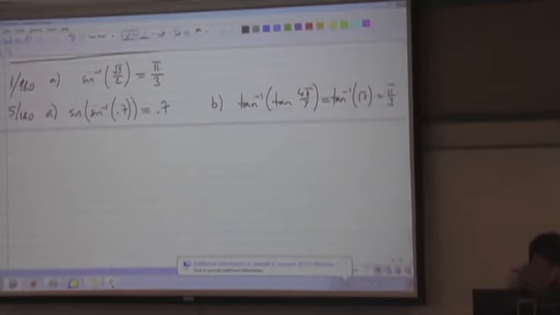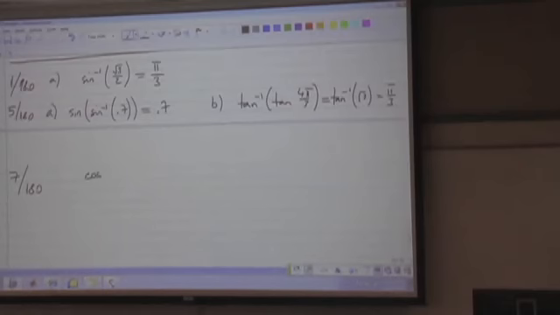Okay, how about we look at number 7. It says, show that cosine of sine inverse of x is equal to the square root of 1 minus x squared.